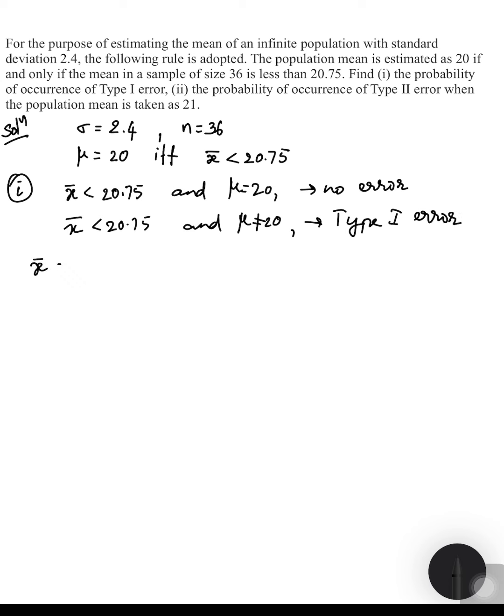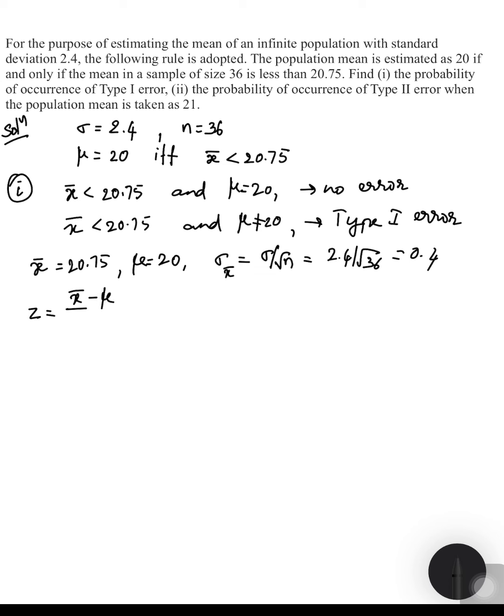With x bar equals 20.75, mu equals 20, and sigma x bar equal to sigma divided by root n, which is 2.4 over square root of 36, which gives us 0.4. We can find z. It is equal to x bar minus mu divided by sigma x bar, which is 20.75 minus 20 over 0.4, which gives us 1.875. Now let us find the probability of x bar less than 20.75.